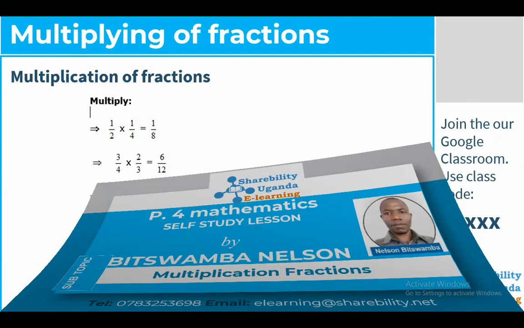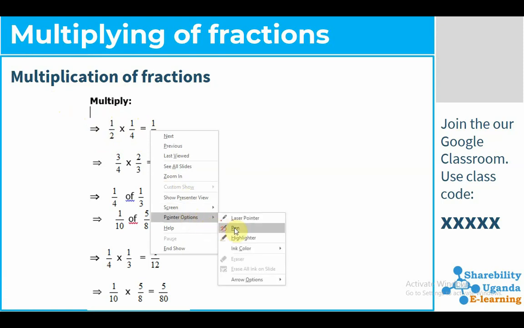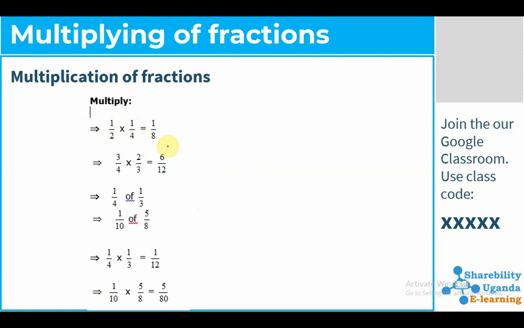Okay, let's have a look at how these numbers look. They can give you a number and say multiply 1 out of 2 times 1 out of 4. When given such numbers, you can solve them using very many methods.